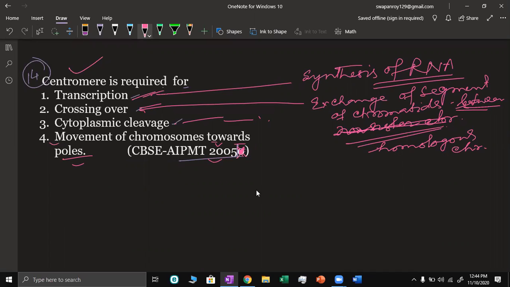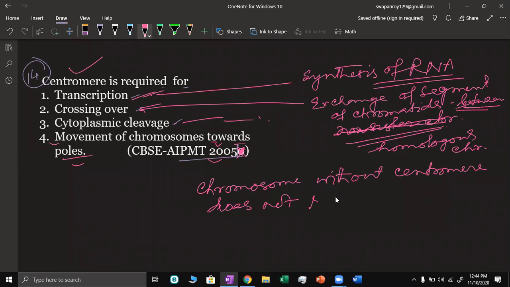A chromosome without centromere is called an acentric chromosome, and this one does not survive.